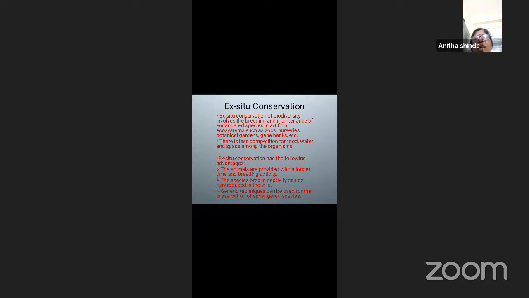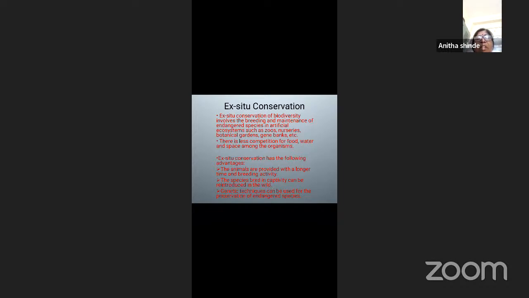If there is less competition, then the organisms can survive much better, and they can also go for breeding, and the maintenance of endangered species becomes much easier. So that is why ex situ conservation involves the breeding and maintenance of endangered species in an artificial ecosystem, with less competition for food, water and space, and it has the following advantages.